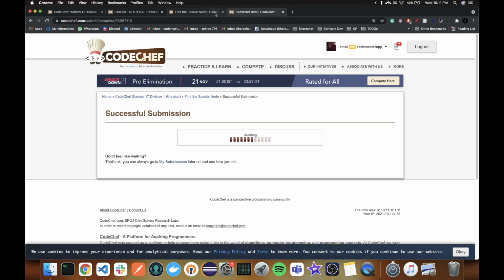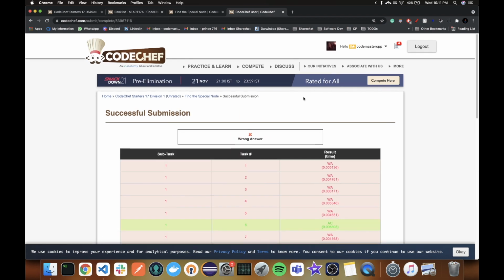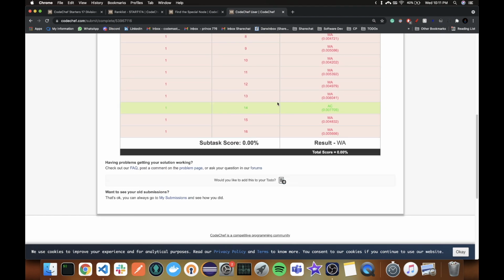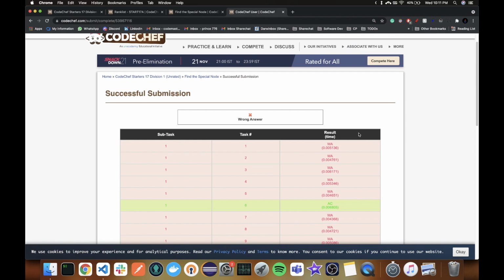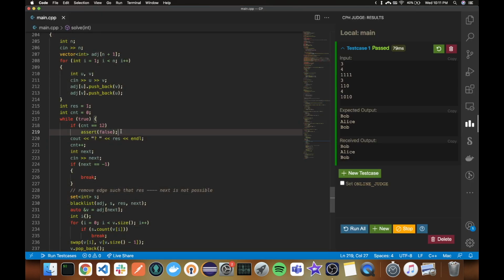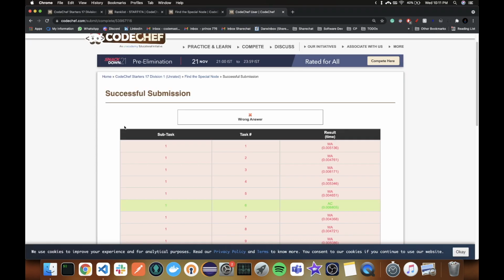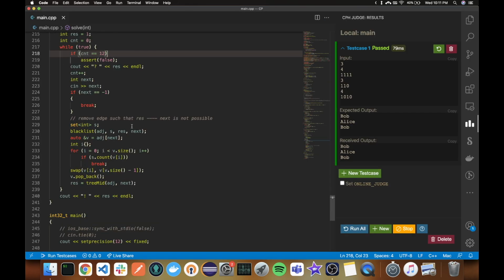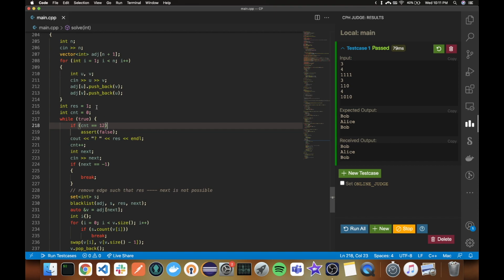Okay, he hasn't. Huh. Assert false doesn't give runtime error? Try result 1.